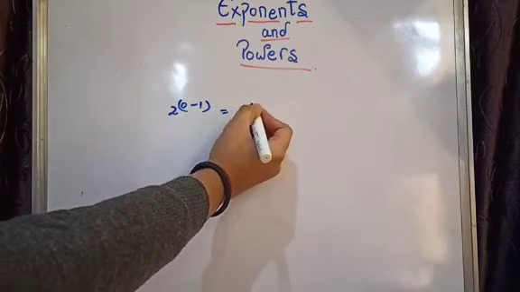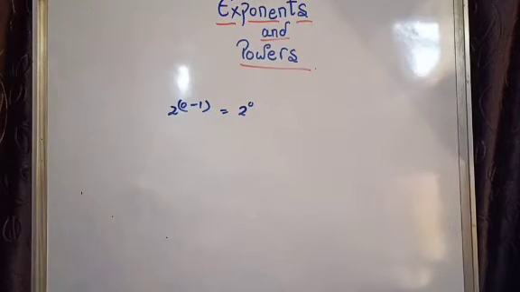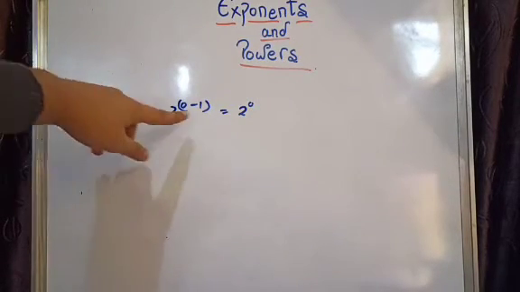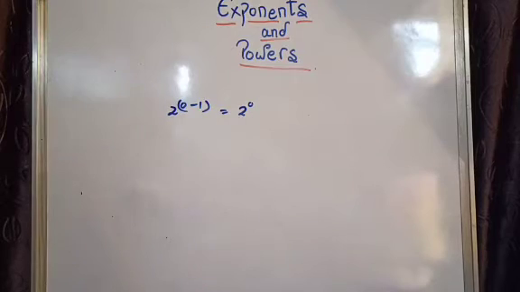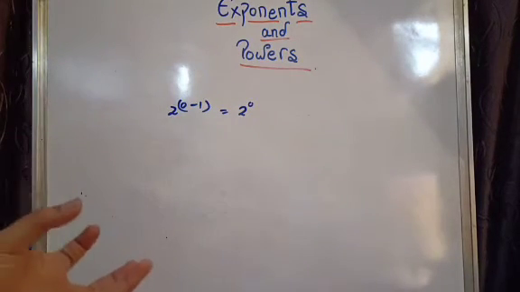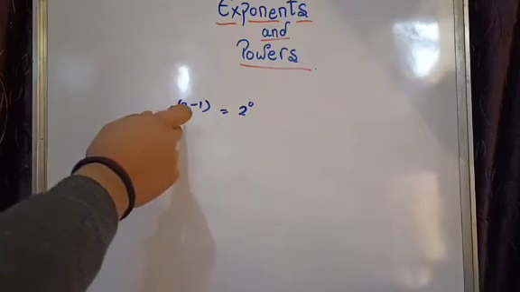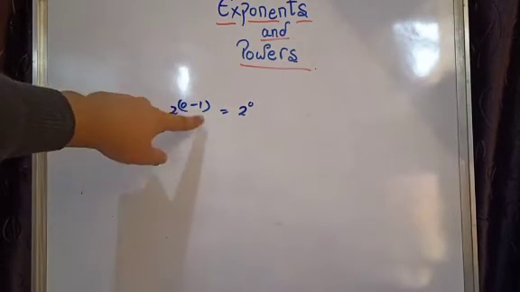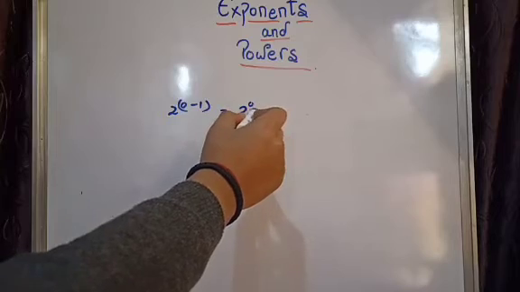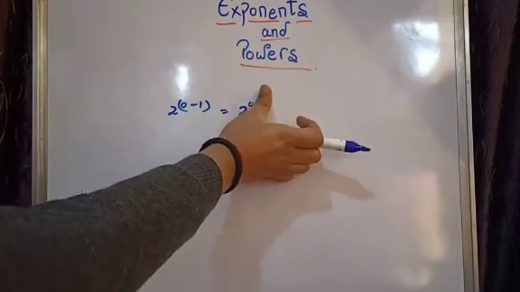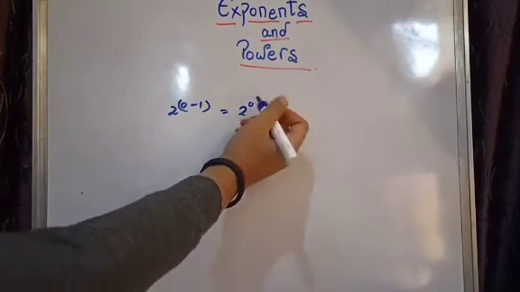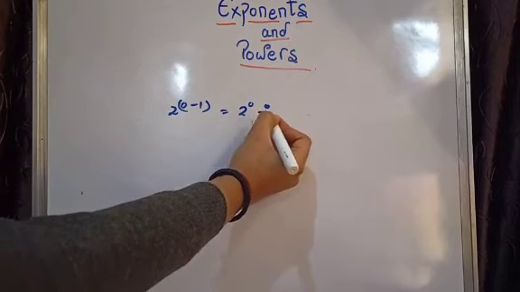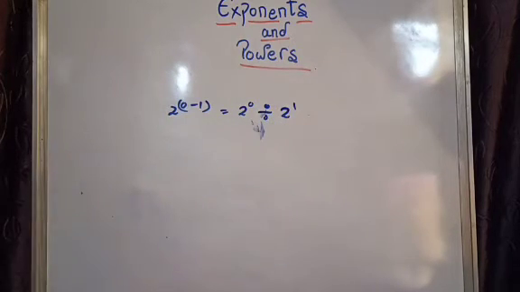2 to the power of 0 divided by, as you know, in exponents if there is a minus, it will be divide by the number, or if there is a plus, it will be multiplication. For example, 2 to the power of 0 minus 1 is given, so I will write it as divide 2 to the power of 1.